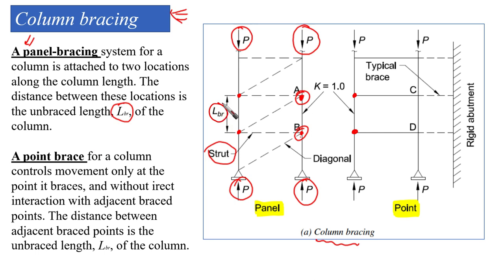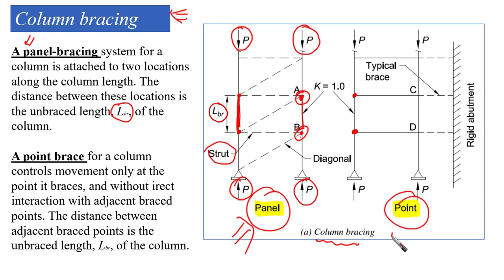So we call this L_b of the column, whether here or here. This works well for this column too. So this is for panel bracing.